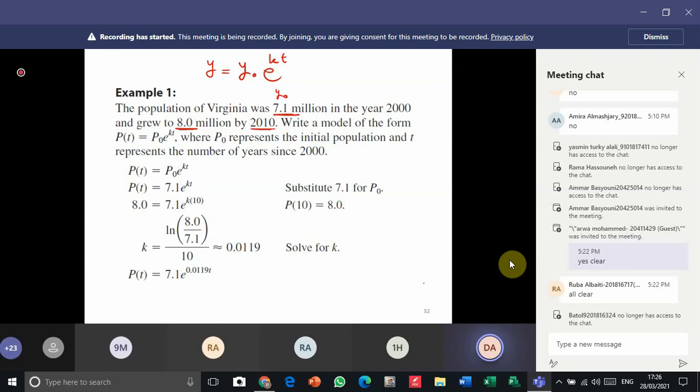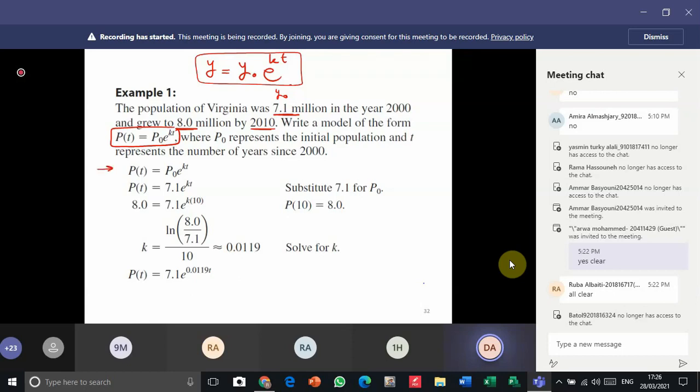Now write it in the form where y naught represents the initial population, 7.1 million in the year 2000.